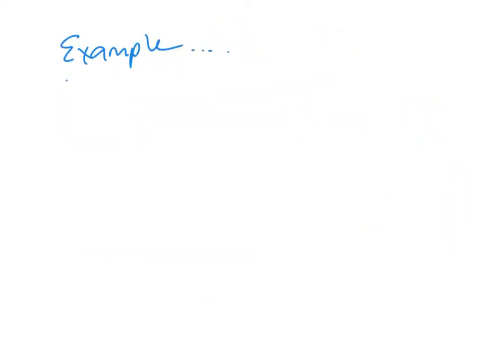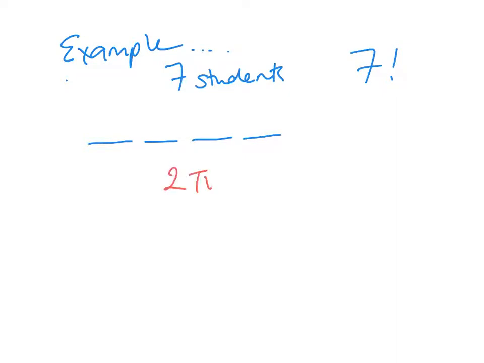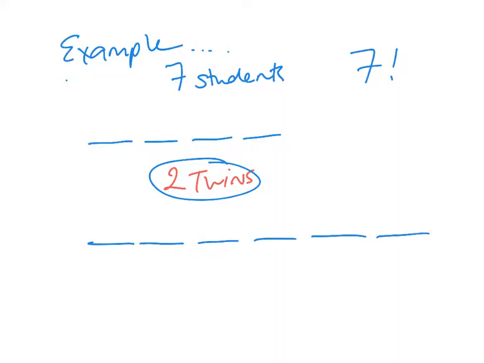Okay, for another example, if we have 7 students and they're lining up to have their photos taken, we have 7 spots in our tree, so it's a 7 factorial. However, if we had 2 twins amongst them, and they needed to be standing next to each other in the photo, we treat them as a group and we reserve 6 spaces now. So the twins will stand as a group. So we have 6 factorial places where the twins are considered in a block.